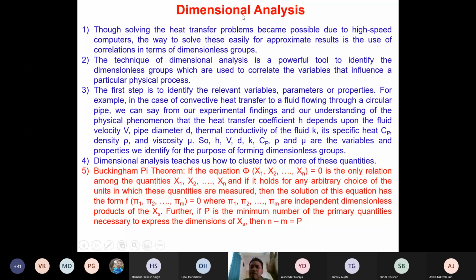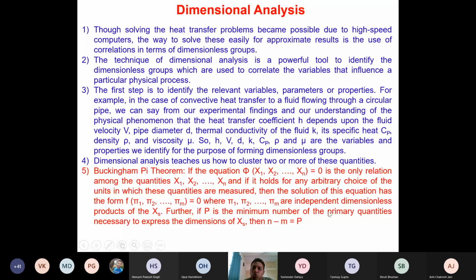Dimensional analysis gives me the information on how this heat transfer coefficient is going to relate to different dimensionless numbers. So whether my correlation should be in terms of the Reynolds number or purely in terms of the Prandtl number, this type of information you can directly get by dimensional analysis. Okay.